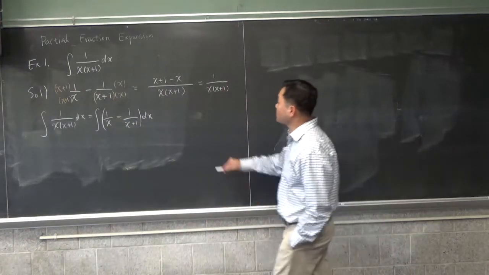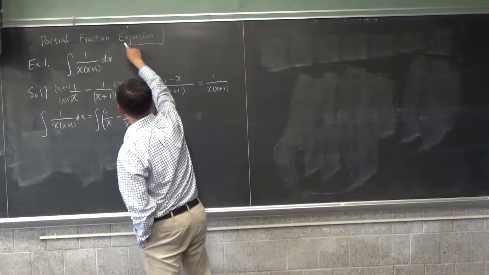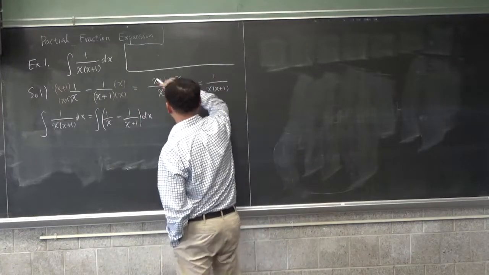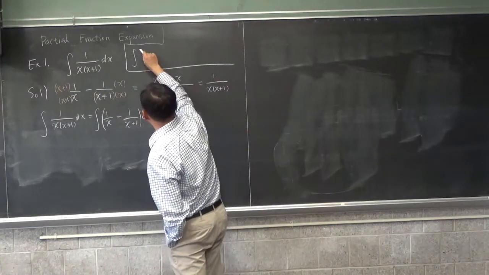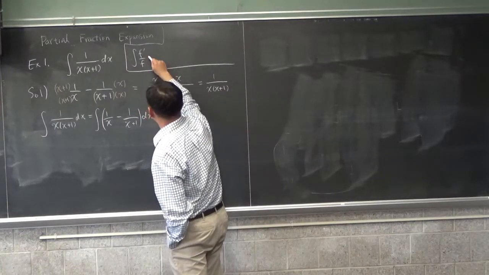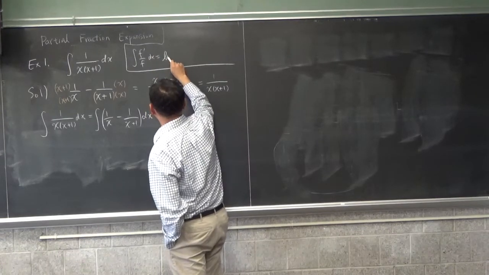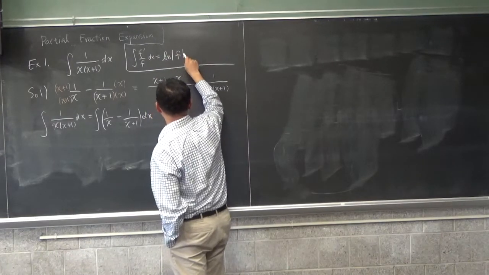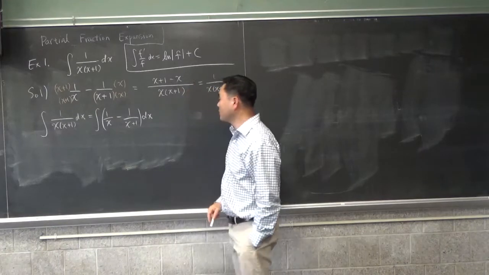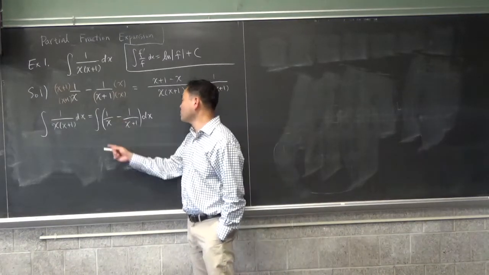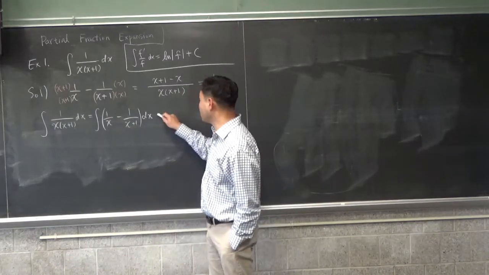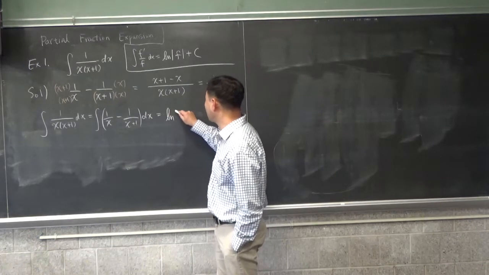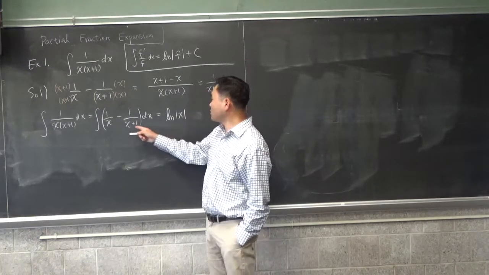And I guess one of the formulas that we'll be quoting over and over again today is that if you integrate f prime over f, what do you get? ln of the denominator, right? So, well, this, we all know that integral of 1 over x is ln of x. But look at the second one.